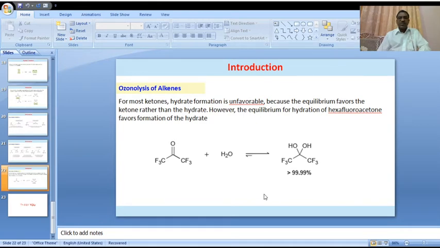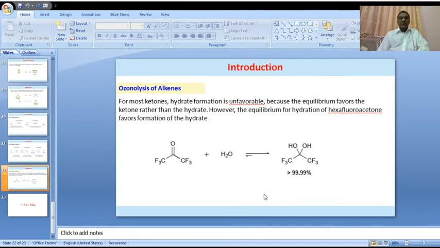The equilibrium always favors the ketones rather than hydrate formation. Except for formaldehyde and its derivatives, which undergo this hydrolysis process to give the hydrate structure.